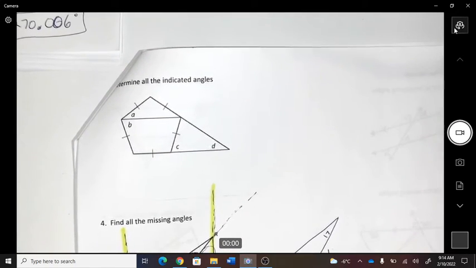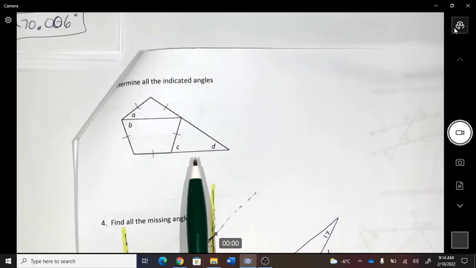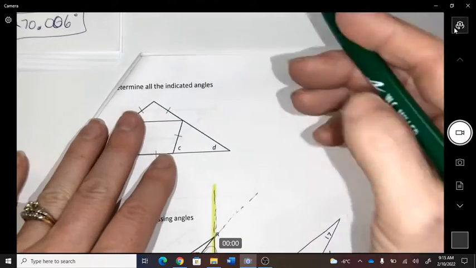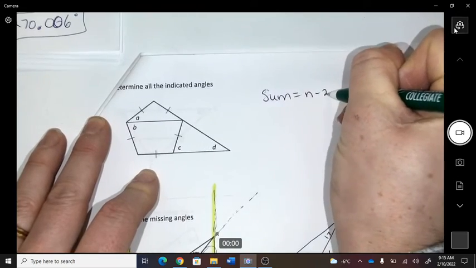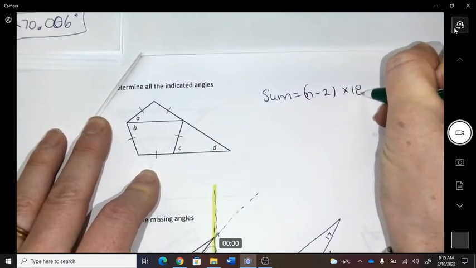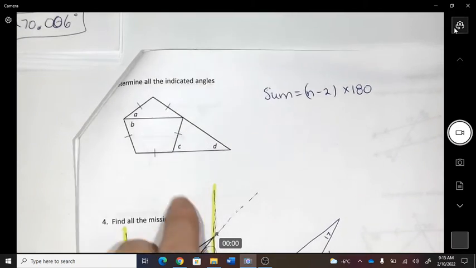Okay, where do you think you would start when you see something like this? I think I'm going to go with that sum formula. Would that make sense to start with? Okay, so I think I'm going to pick this shape.